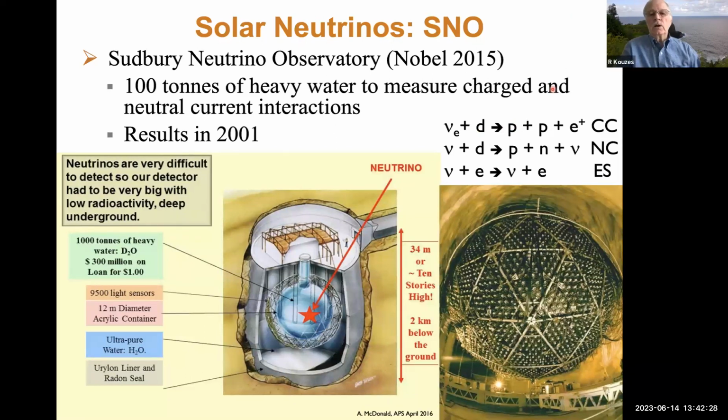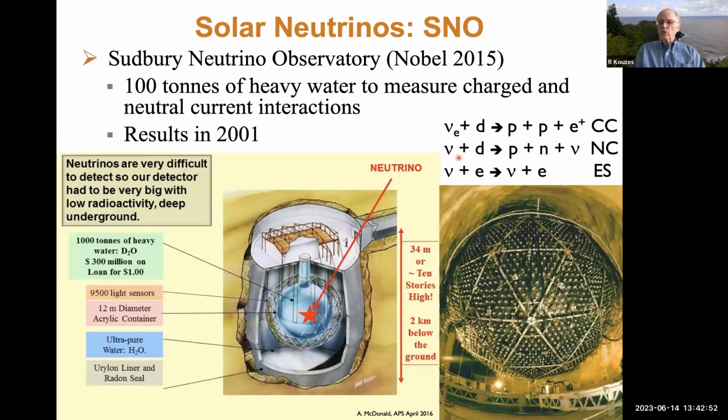And it could also observe the induced fissioning of deuterium into a proton and a neutron through the weak interaction process. This is just simply breakup of that nucleus. But this could be induced by any neutrino. It didn't have to be an electron neutrino.